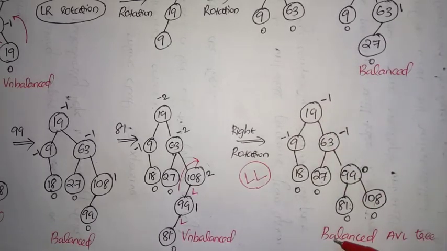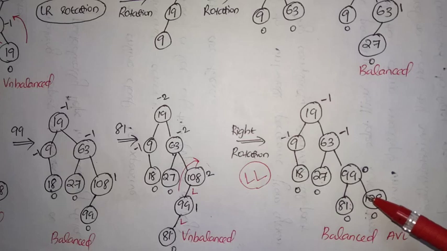So in this tree, each and every node has balancing factor either 0, 1 or minus 1. So this is our final balanced AVL tree. No need for further rotation. So this is how an AVL rotation is performed in case of AVL insertion. I hope that it's clear.